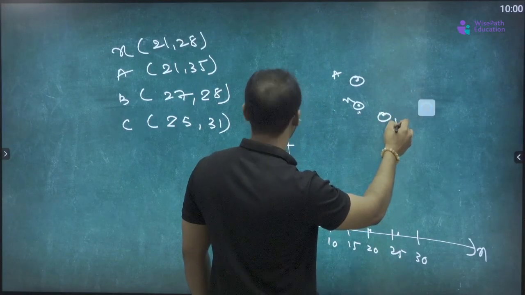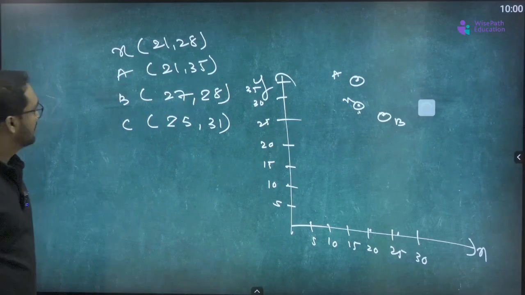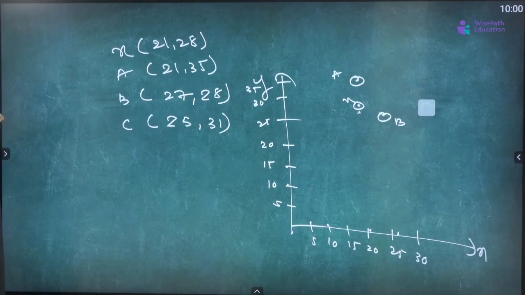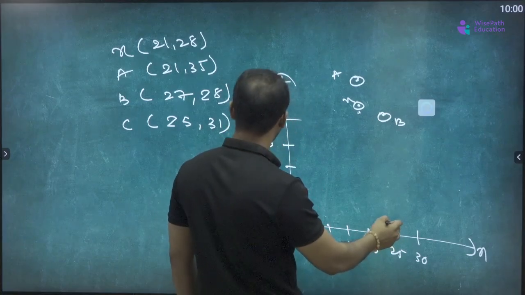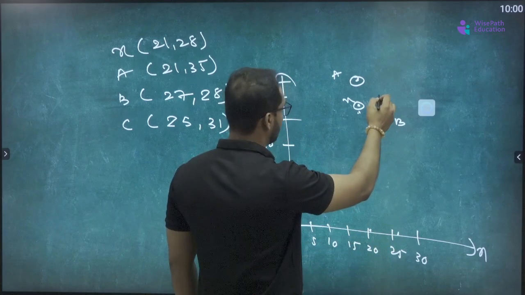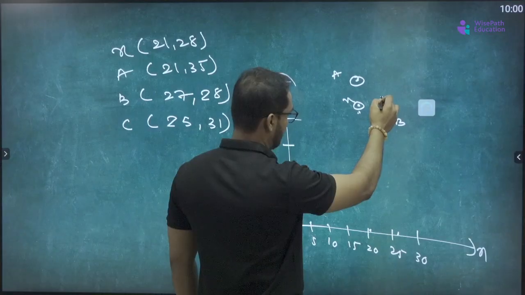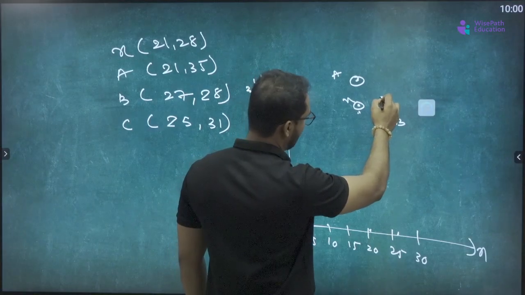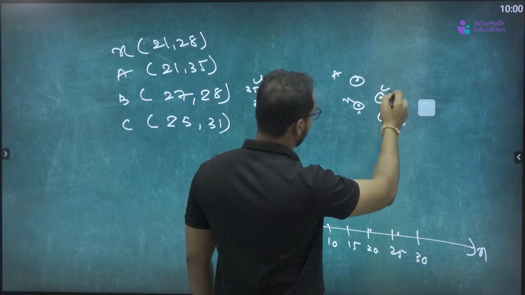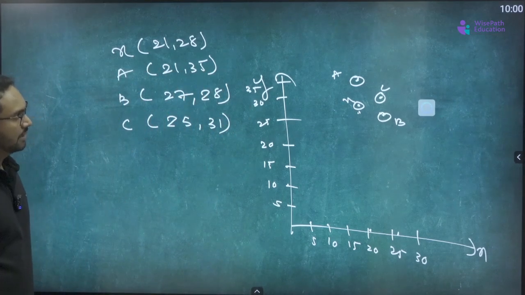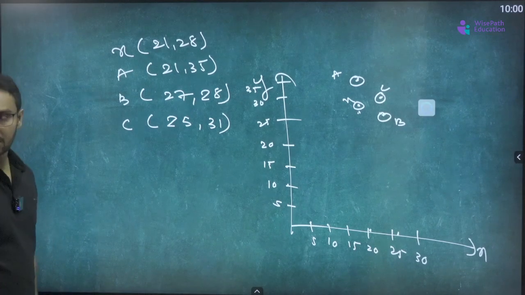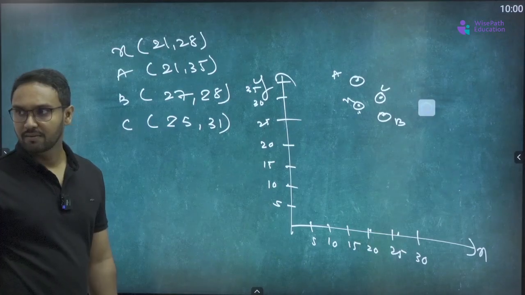That is B. And C is 25, 31, that is C. They are asking which one is closest to X, right? It seems to be C, isn't it? It seems to be C.